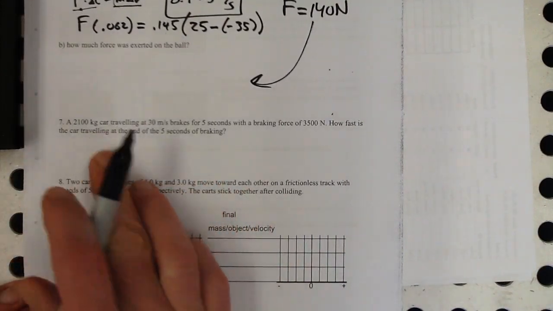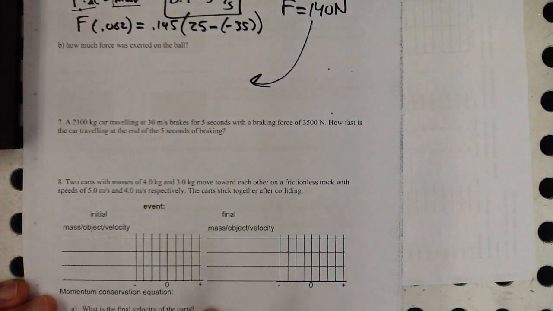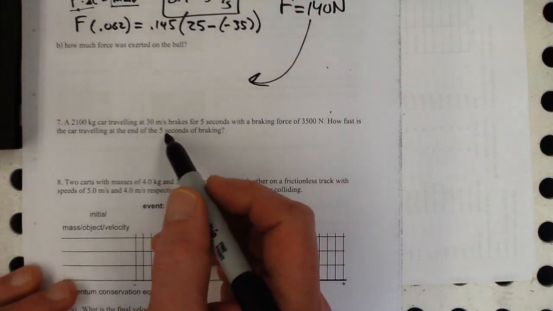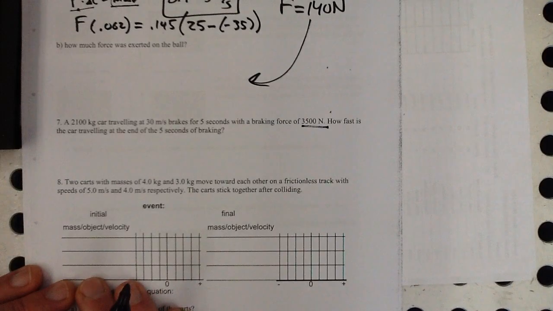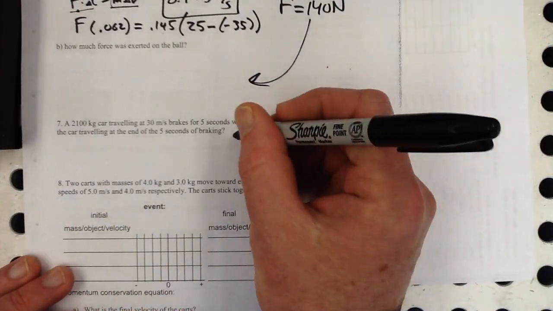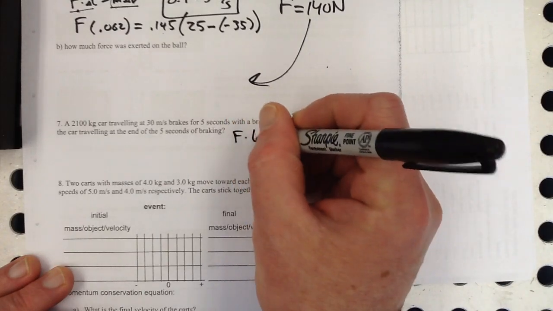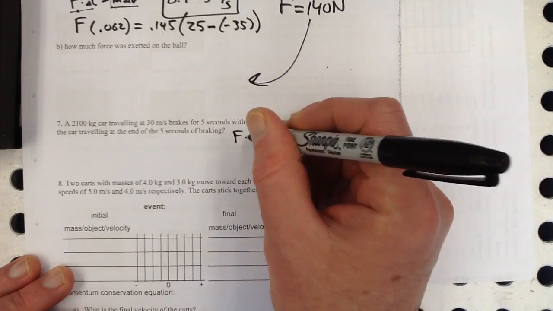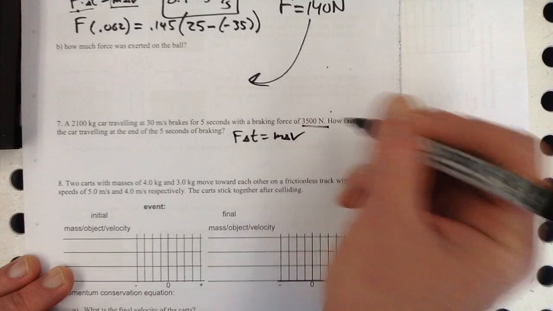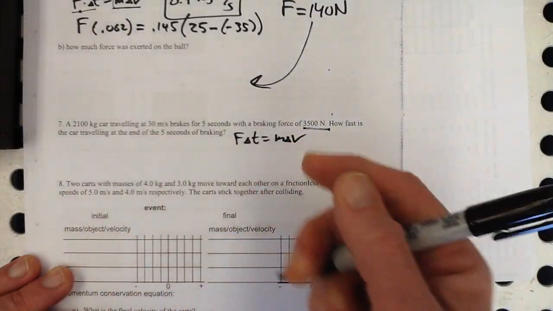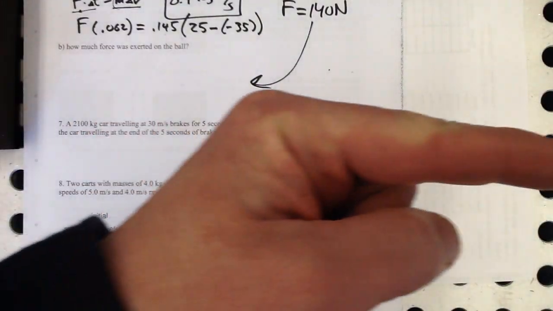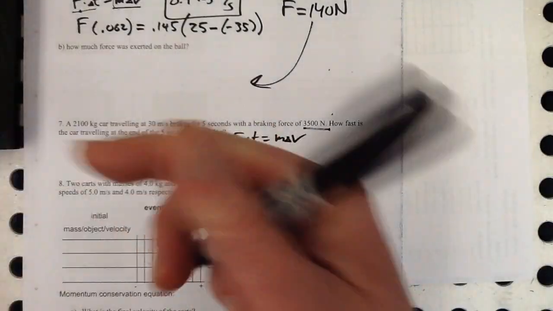All right. A 2,100 kilogram car traveling at 30 meters per second brakes for 5 seconds with a braking force of that. How fast is the car traveling at the end of the 5 seconds of braking? So force times time equals mass times change in velocity. I'm going to call the braking force the negative direction. The car is going in the positive direction, and the braking is in the negative direction.